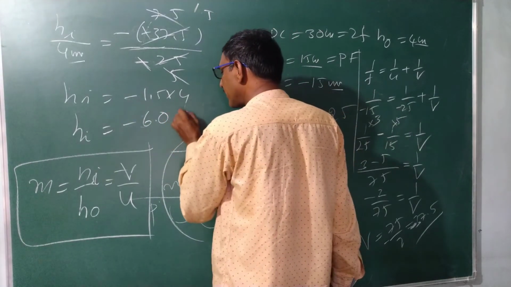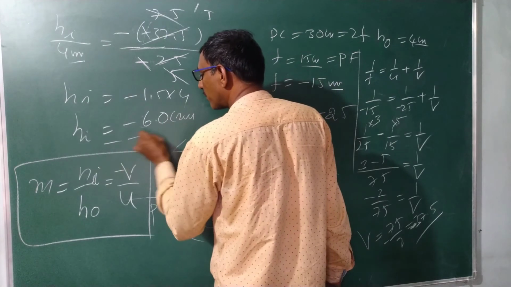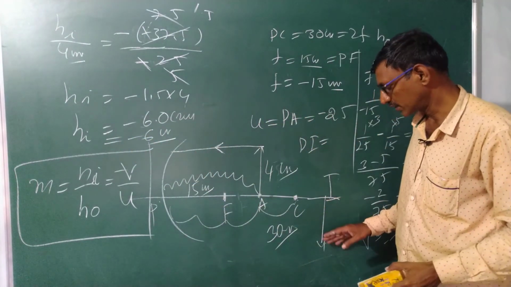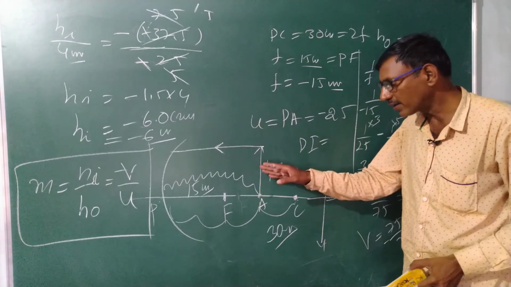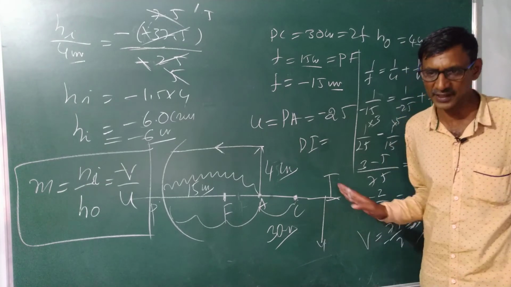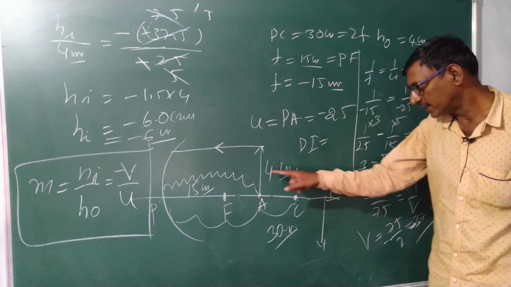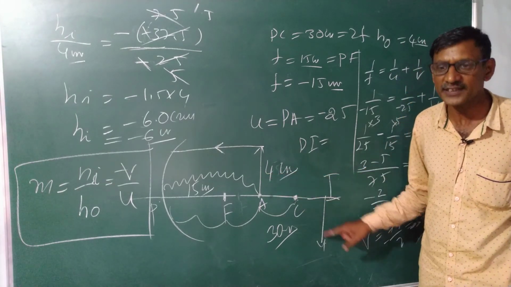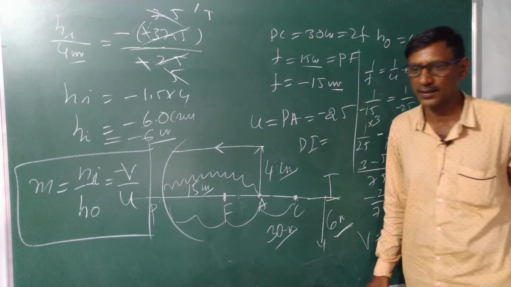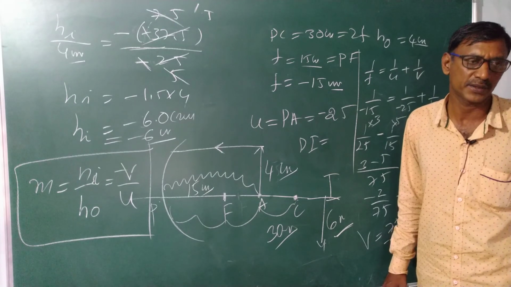So in centimeters we can write minus 6 centimeters. So its height is 6 centimeters. Minus represents downwards, that's all. So the height of the image, this 6 centimeters, is greater than the height of the object. Am I clear?